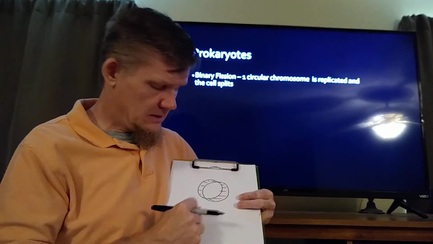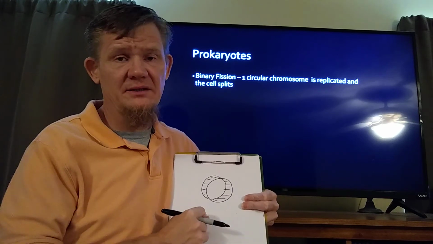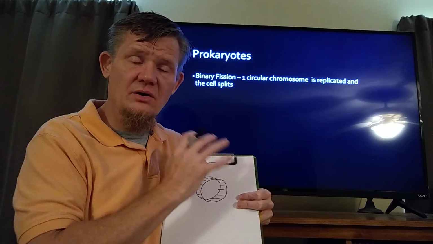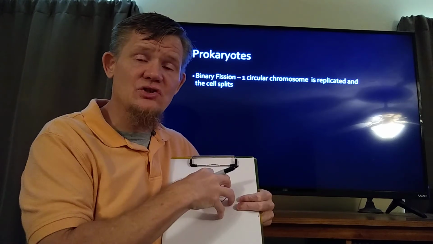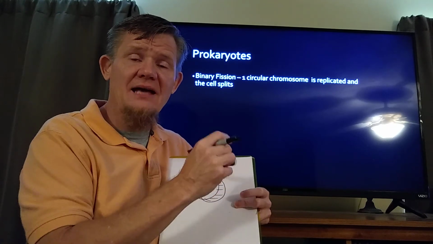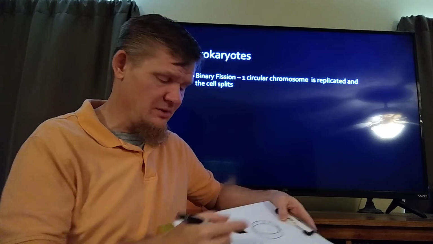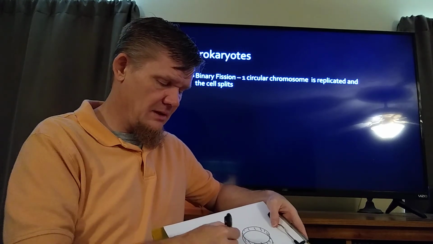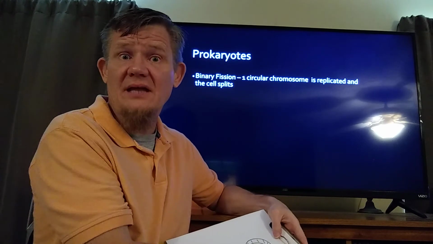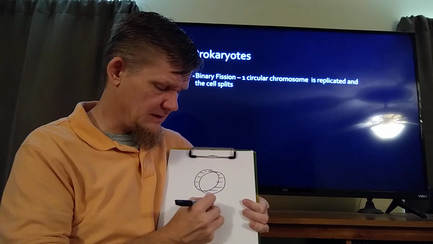So the DNA, the chromosome of a bacterium, is a circle. And what you're going to do is the chromosome is going to attach to the inner surface of the cell wall. And then as the bacterium splits in half, it's going to split its chromosome in half. Again, we're going to take that hamster wheel and cut it into a left and right side so that the spokes are sticking out like this.